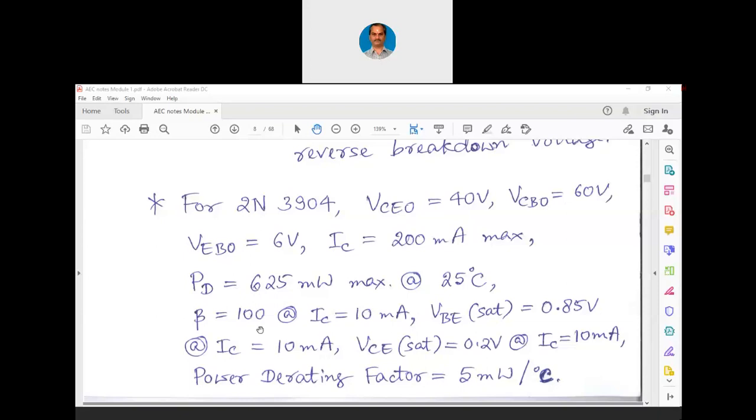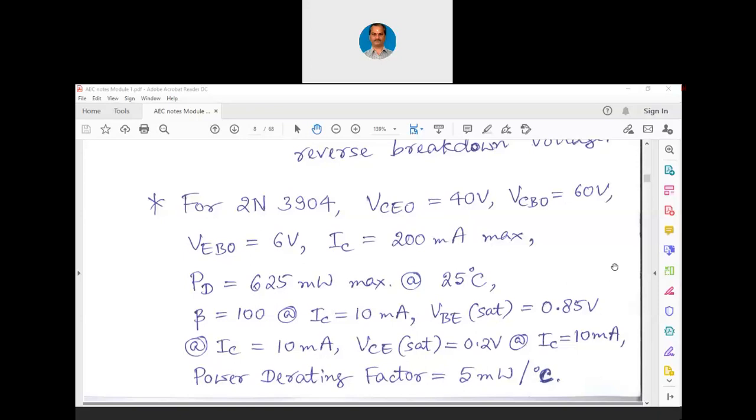So beta is 100 at collector current of 10 milliamperes, and VBE sat, base to emitter voltage in saturation, is around 0.85 volts. Just recall whatever I told yesterday. Even though we say VBE is 0.7 for silicon in general, it need not be the same value for all the transistors, because the characteristics differ from transistor to transistor.